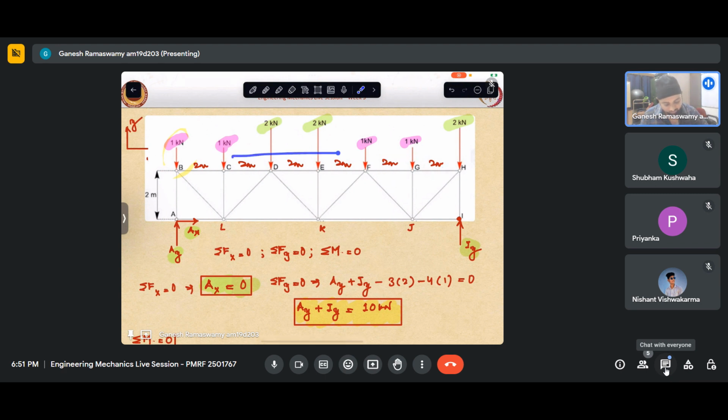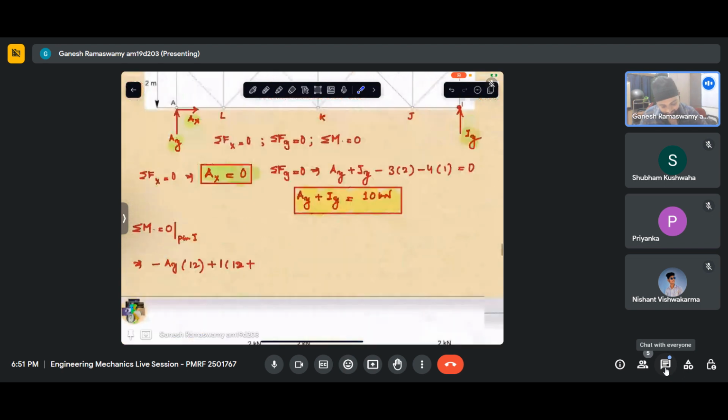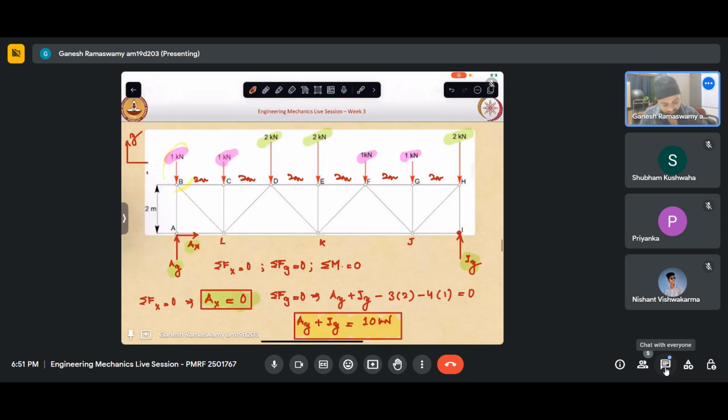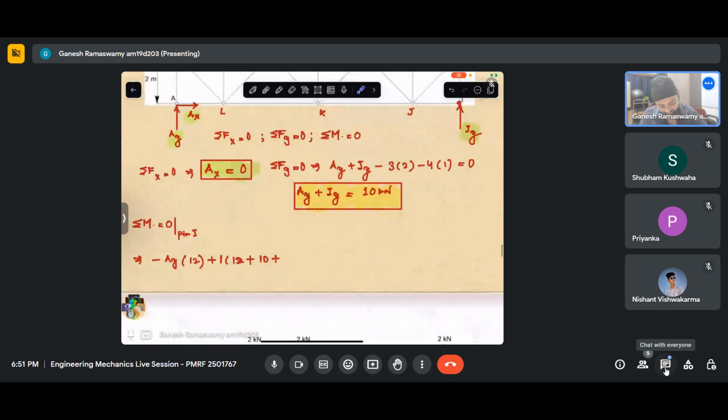So what is the sum total of this? We have 12 minus 2, which is 10. So I need to add 10 plus the sum of this, which is 4, and then I have one more 2. 4 plus 2. Now coming to the 2 kilonewton force.